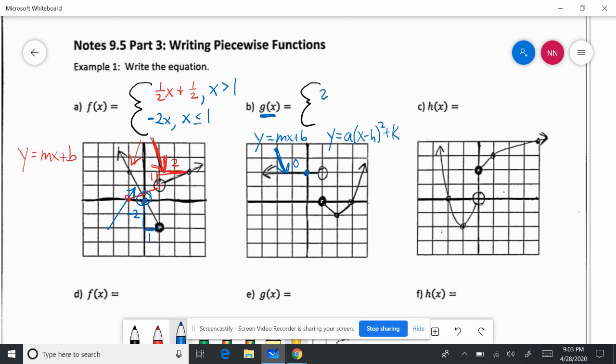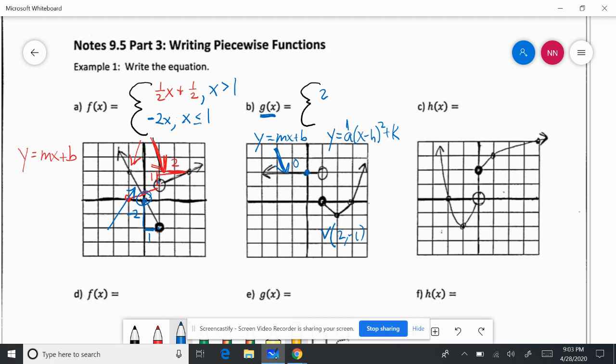Now, when I write my other equation, I'm looking at this. I see that my a value is positive because it's going up. It is 1 away, so my a value is 1. The key is finding the vertex. In this case, the vertex is (2, negative 1).